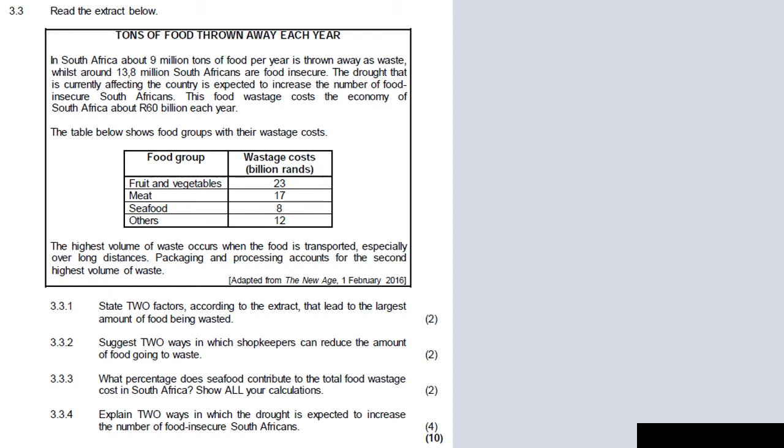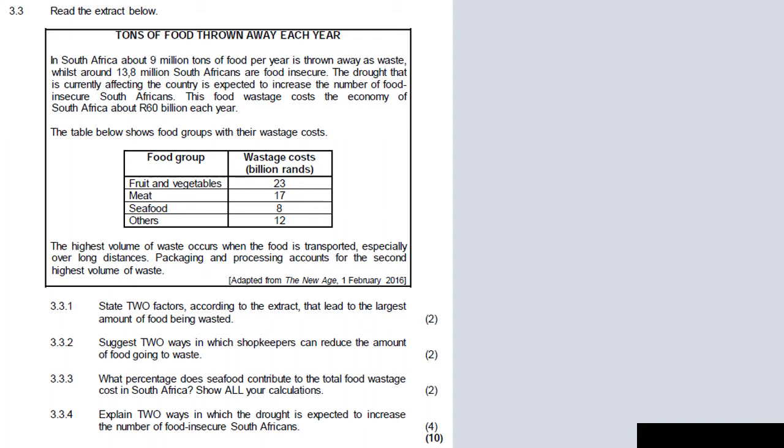Fruit and vegetables cost 23 billion rands of waste, meat 17 billion rands, seafood 8 billion rands, and the rest 12 billion rands. The highest volume of waste occurs when the food is being transported, especially over long distances. Packaging and processing accounts for the second highest volume of waste. Adapted from the New Age on the 1st of February 2016.